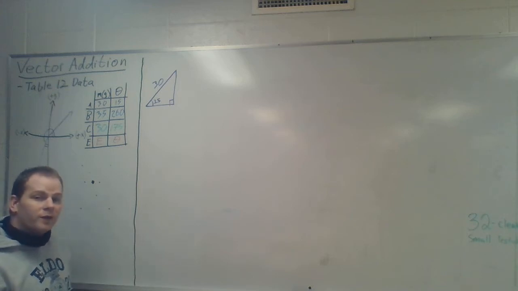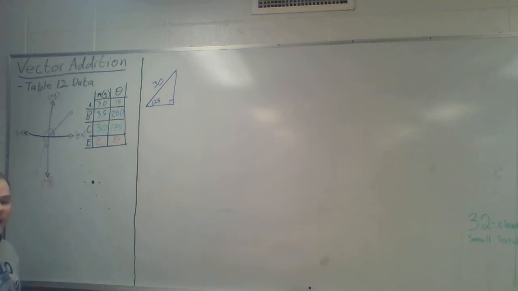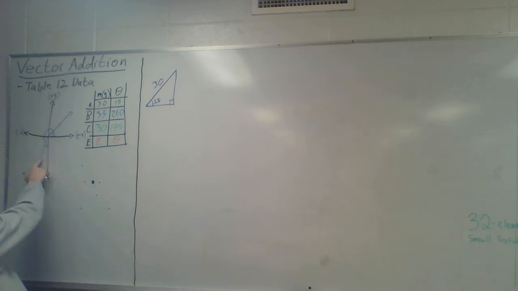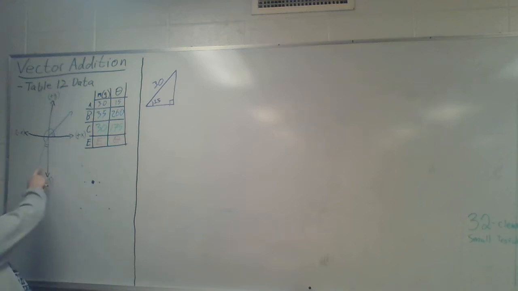Since that's 270 degrees, and we know that vector B is at angle 260 degrees, we know then that the gap here has to be 10 degrees, which is a much more workable triangle for us to draw. So we're going to turn this vector into a triangle.